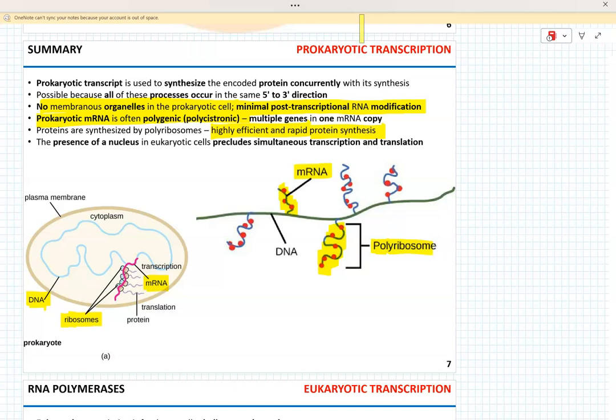Now, this simultaneous occurrence of transcription and translation in prokaryotes is unimaginable in eukaryotic cells because, first and foremost, the presence of a nucleus, the presence of a nuclear membrane, effectively prevents simultaneous transcription and translation because mRNA has to be exported from the nucleus into the endoplasmic reticulum or cytoplasm.